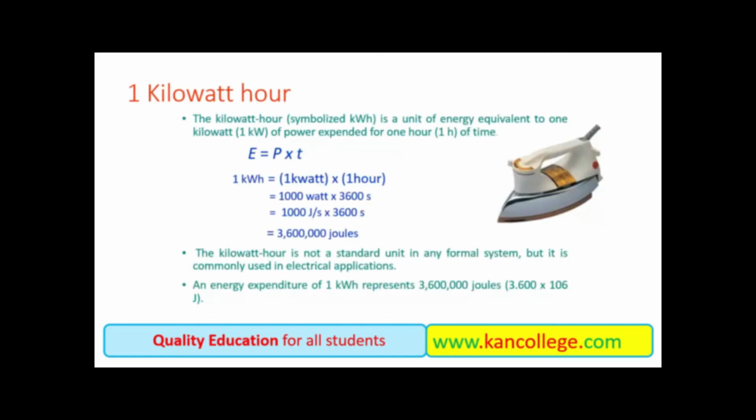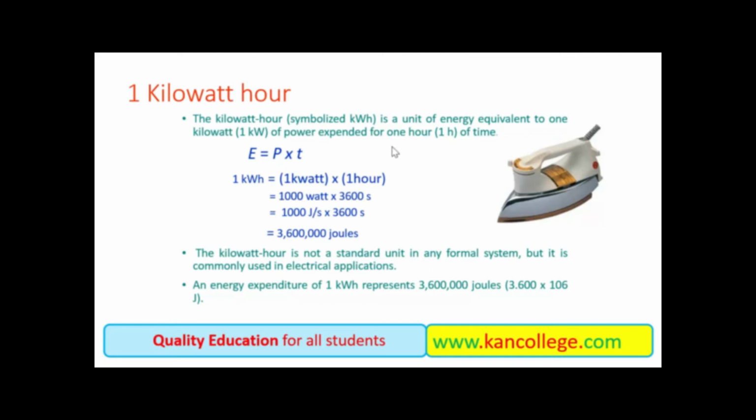What is 1 kilowatt hour? The 1 kilowatt hour, symbolized by kWh, is a unit of energy. It is not a unit of power, it is a unit of energy, equivalent to 1 kilowatt of power expended for 1 hour.